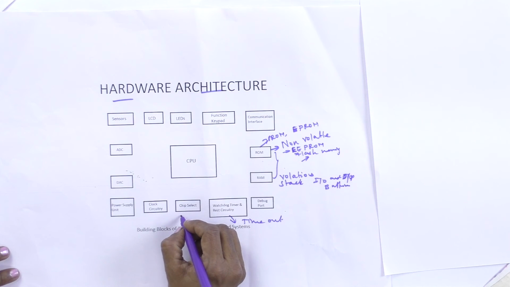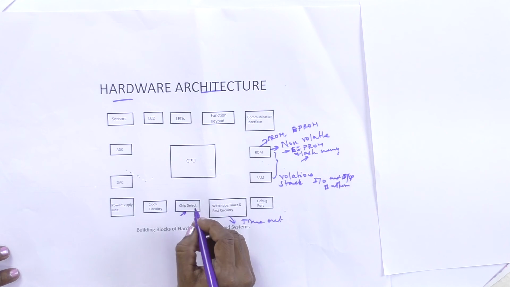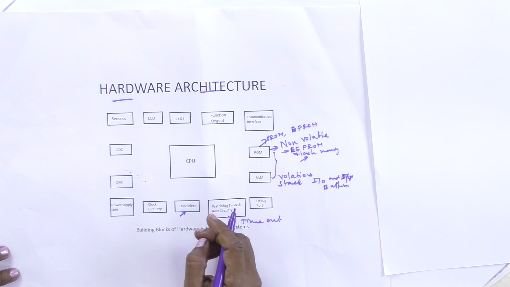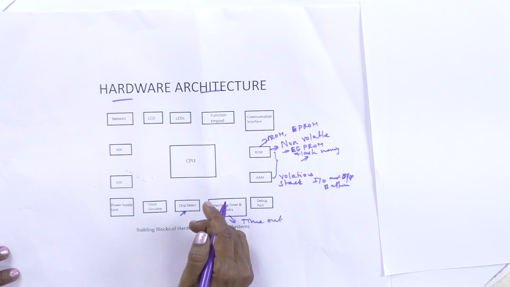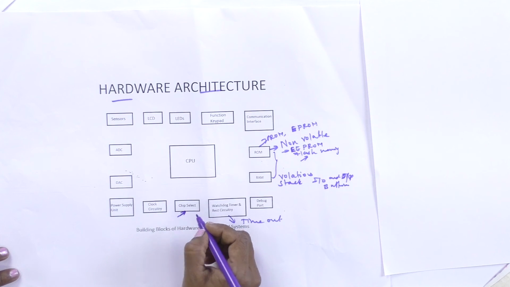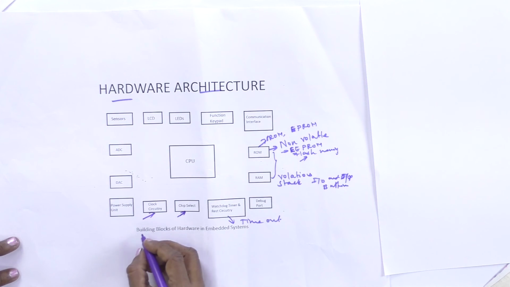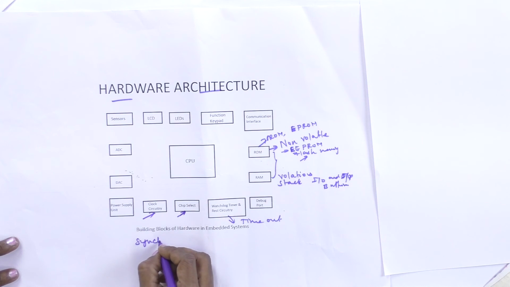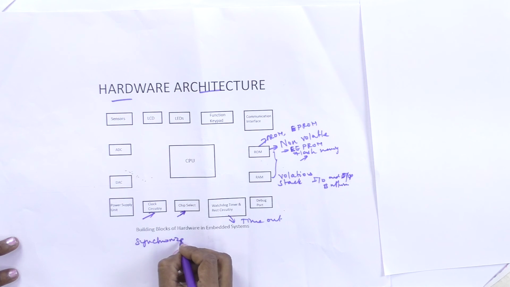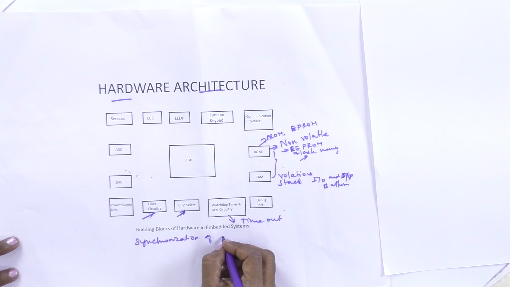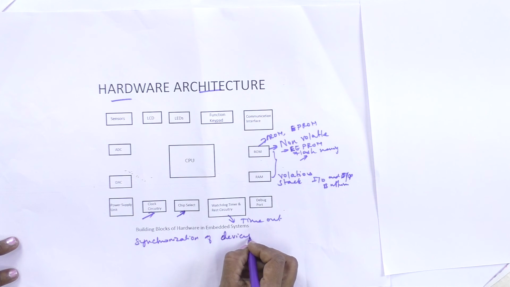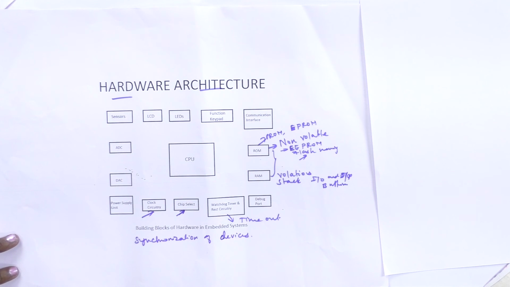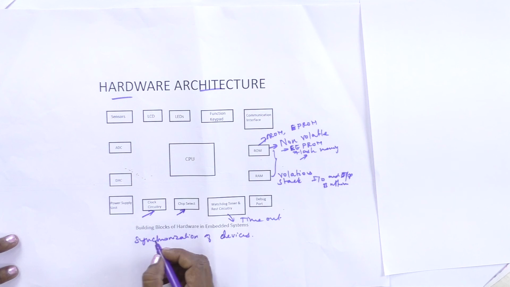The chip select unit. The processor or the controller works with a number of peripherals. If we want to know about the current process, it is identified by the chip select unit. The clock circuitry is used for synchronization of other devices within the processor, and the clock signal is generated with the help of the crystal oscillator.